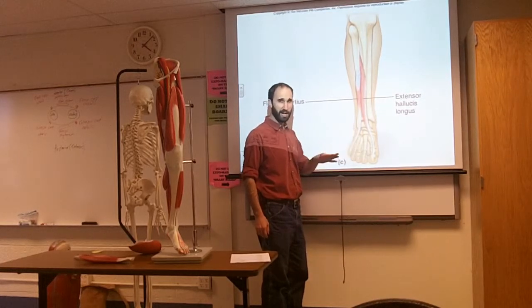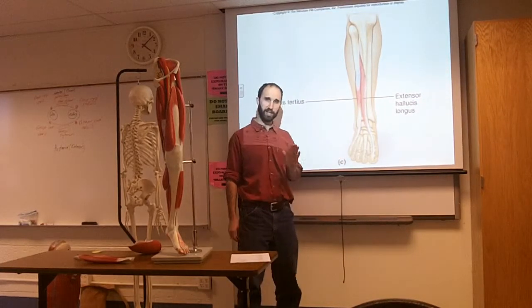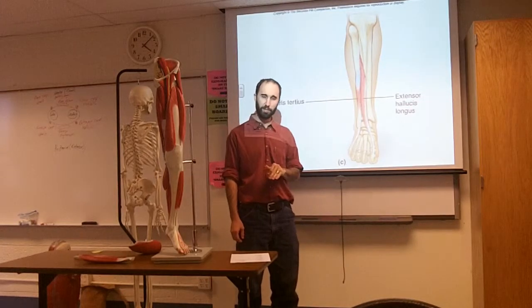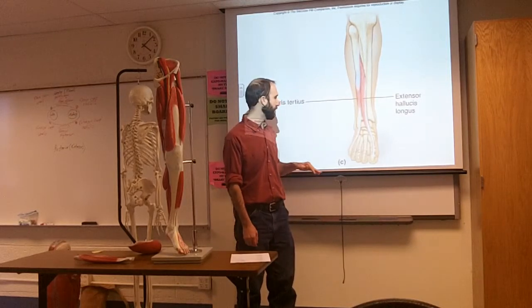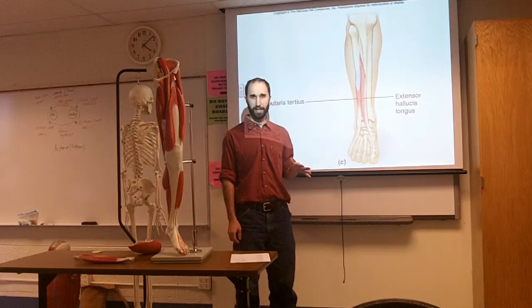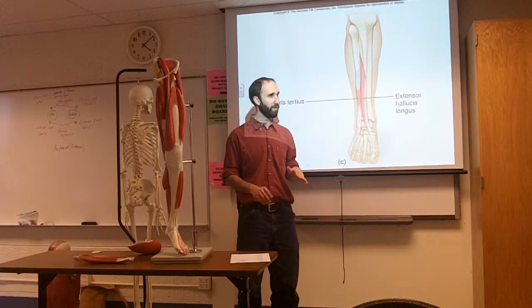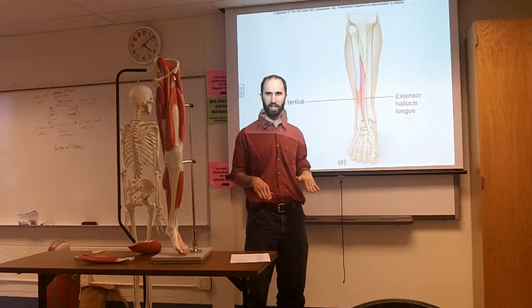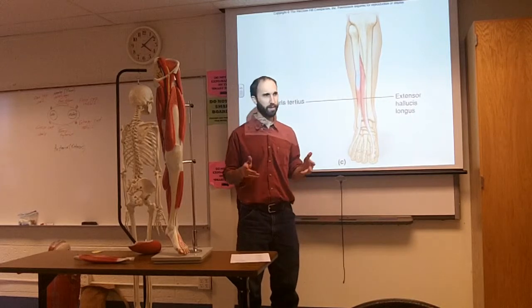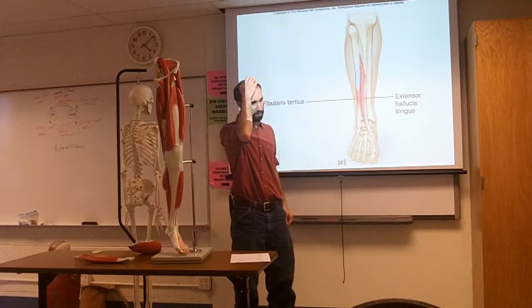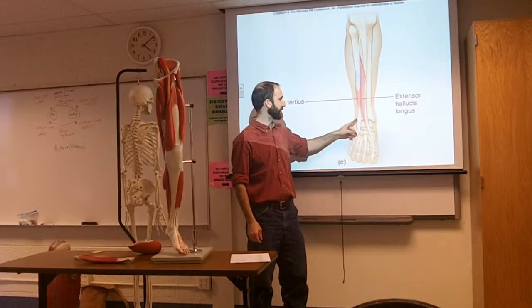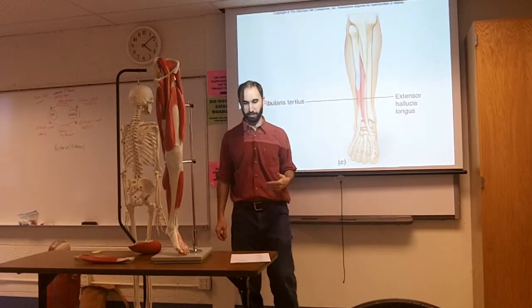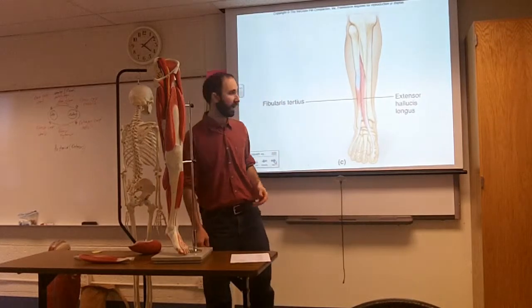So that means it's actually going to dorsiflex. If a tendon goes behind, posterior to that malleolus, whether it be lateral or medial, doesn't much matter, it's going to plantarflex. It kind of forms a fulcrum point right there, or almost like a pulley kind of thing when it goes behind that malleolus there. And in this case, the lateral malleolus. Remember, fibularis muscles are on the lateral side.